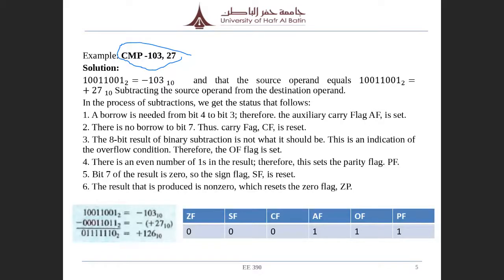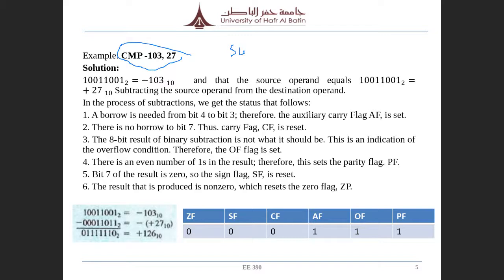Look at here, -103. The compare instruction is done in the same way as subtraction, but the result is not saved anywhere. But in the sub instruction, the result is saved in the first operand, right?